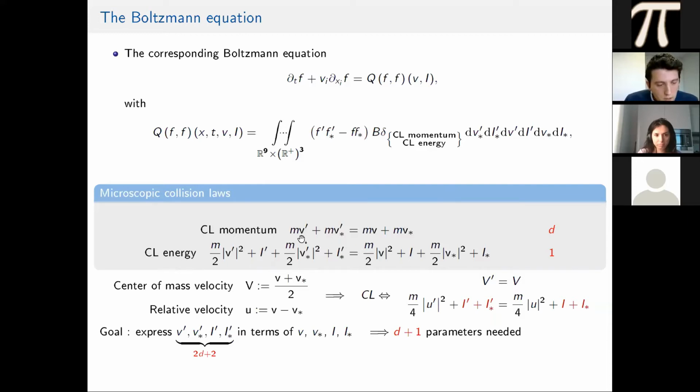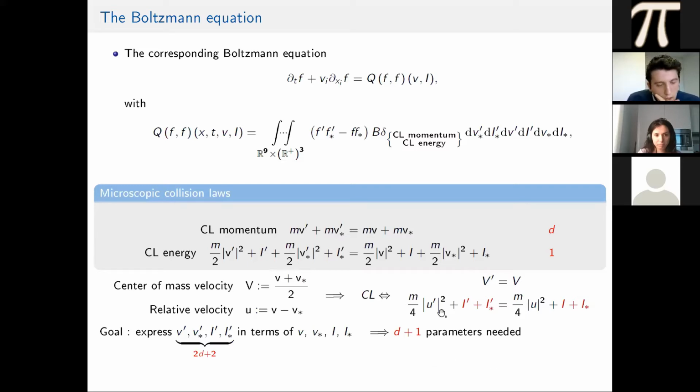You can see that conservation of momentum remained the same, but conservation of energy is changing because we also consider the internal energy of the molecules. And same as before, introducing the center of mass velocity and relative velocity, you can write this in this form.